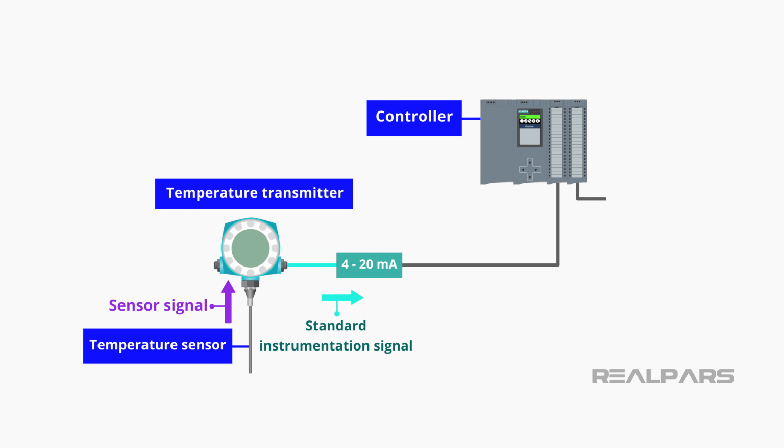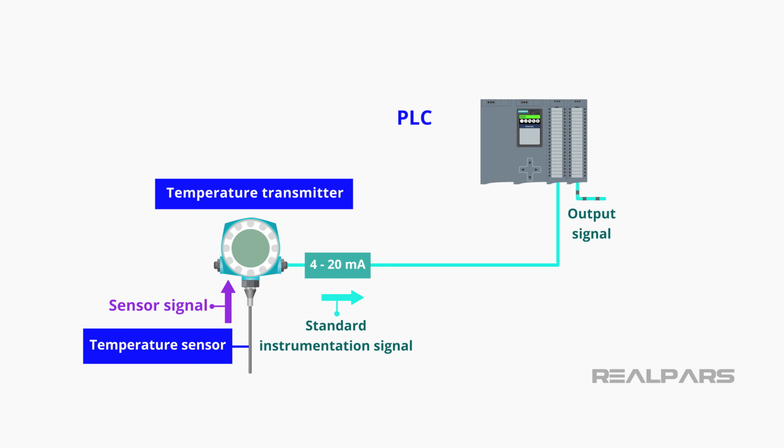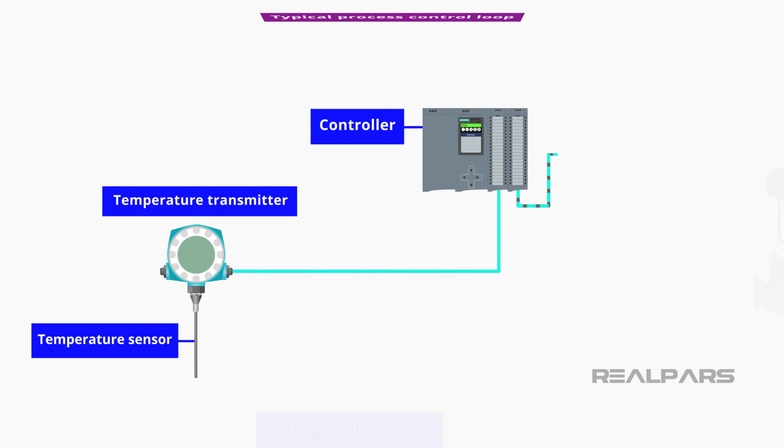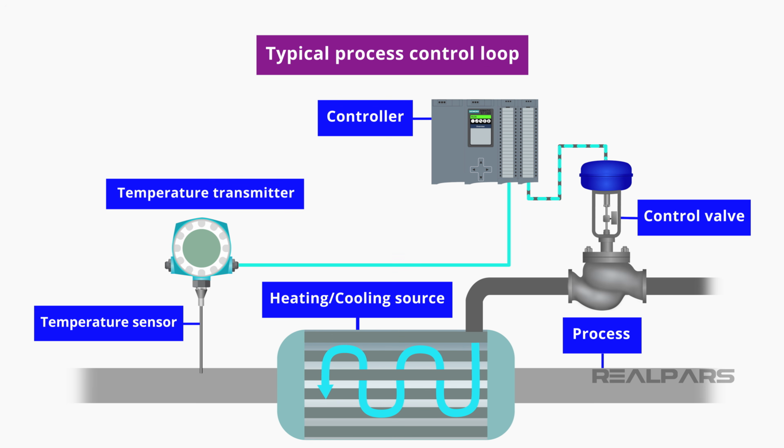The signal from the temperature transmitter is sent to a controller that determines what action is required and generates an appropriate output signal. Controllers are either a PLC or a DCS in process control today. The heating or cooling source exerts a direct influence on the process as directed by the controller.